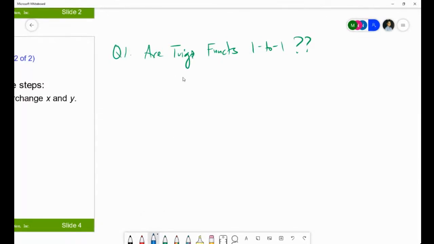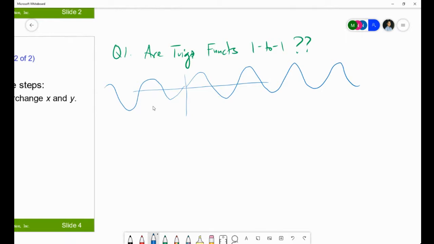So let's say I have sine functions. It goes on forever, right? So by just looking at that, does that pass the horizontal line test? Yeah, never mind on that one. It doesn't. Okay. What about cosine? Does cosine pass the horizontal line test? Nope. Okay. What about tangent?